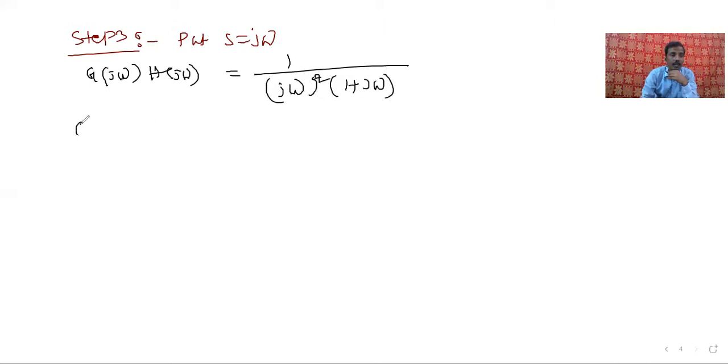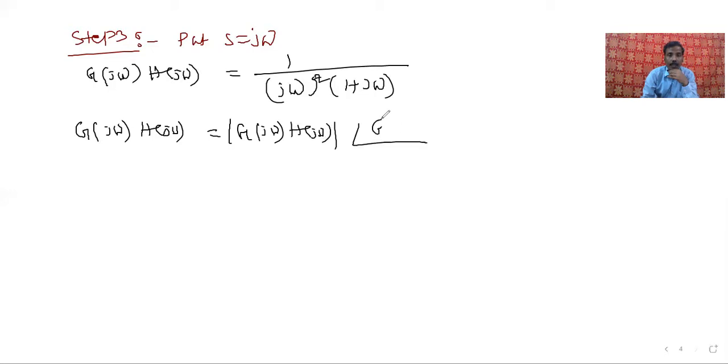For sinusoidal input, G(j omega)H(j omega) equals magnitude M, angle phi, that is M into phi.